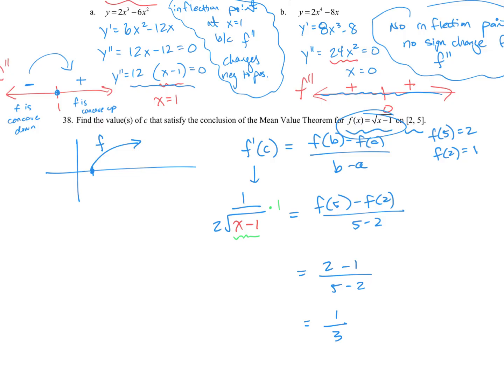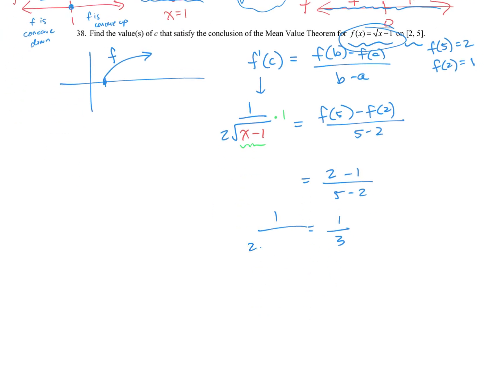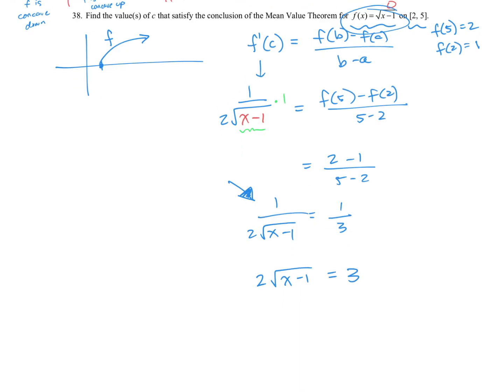All right, so let's skip a little. There we go. So the mean value theorem says that my f prime, this guy right here, has to equal 1/3. Let's solve that. When I have two fractions like that, I'm just going to do the reciprocal of both of them, just like flipping over both the fractions.